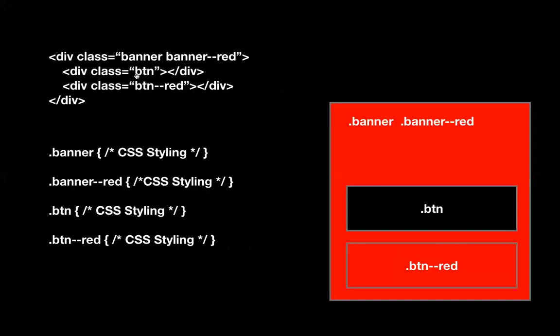Right here, this has to be a button and then a space, button dash dash red. So just imagine there's a button class before this button red. And right here too.